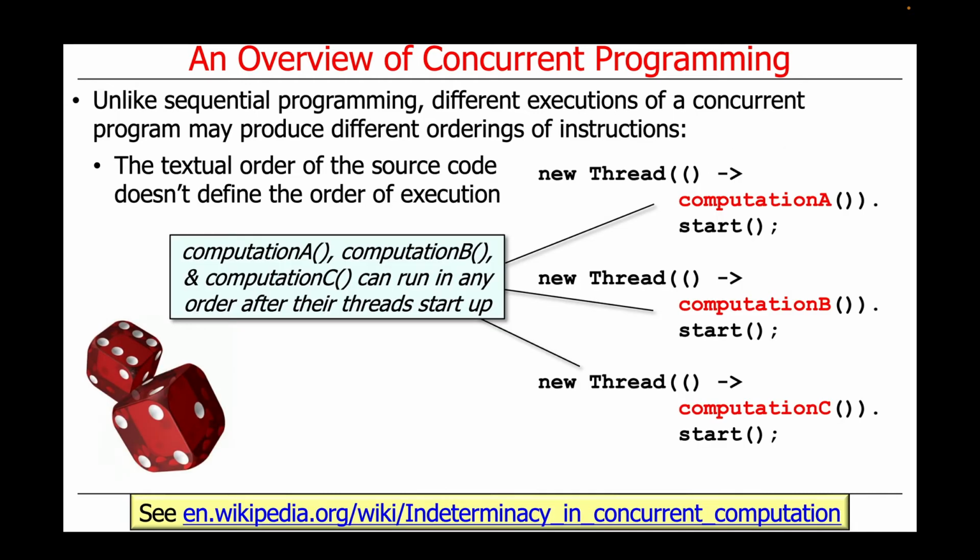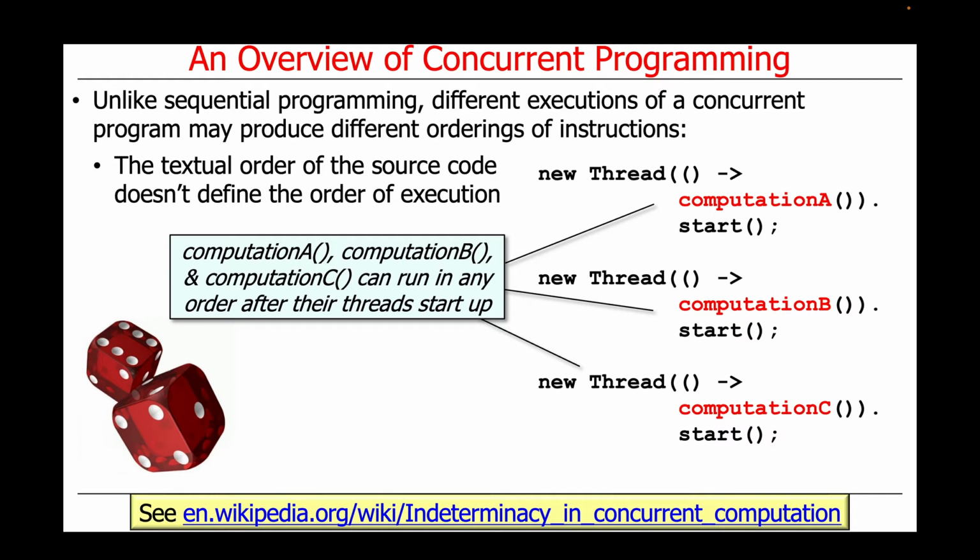One of the ways that concurrent programming produces different orderings of instructions is by virtue of the fact that the textual order of the source code doesn't define or dictate the order of execution. So here's a very simple example where we're going to spawn 3 threads.